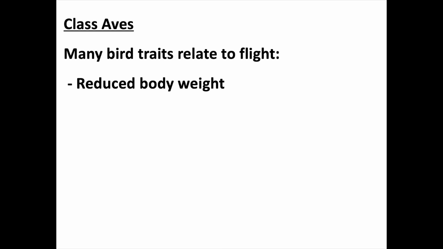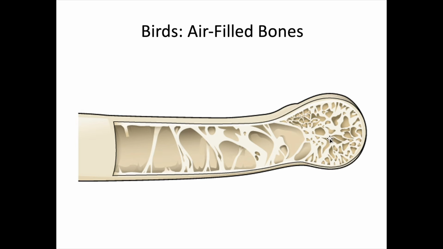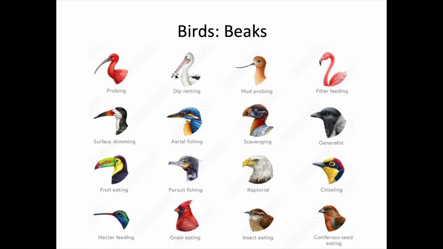So one of the ways in which this is achieved is by air-filled bones. They're not completely hollow, but they're a lot more hollow than that of other vertebrates, just reducing overall weight. Another way to reduce some weight is to have a beak. Now, beaks come in all different shapes and sizes, and some of these are pretty spectacular, like a pelican here.